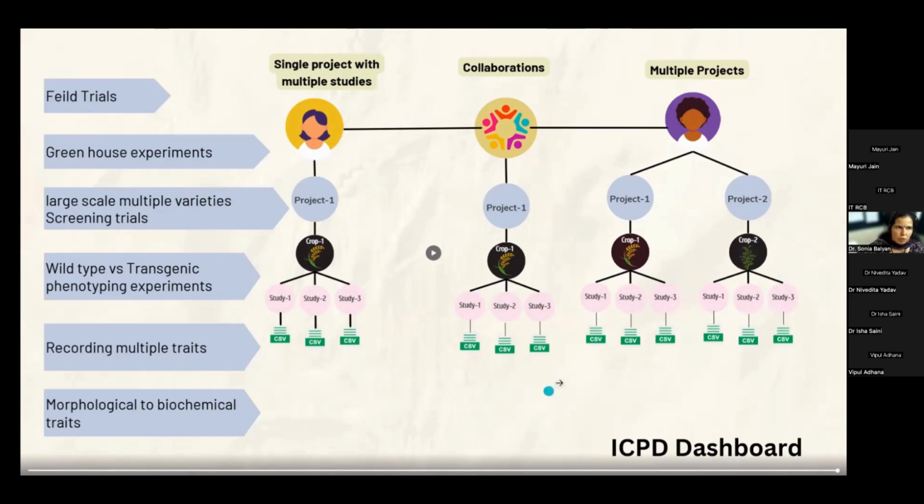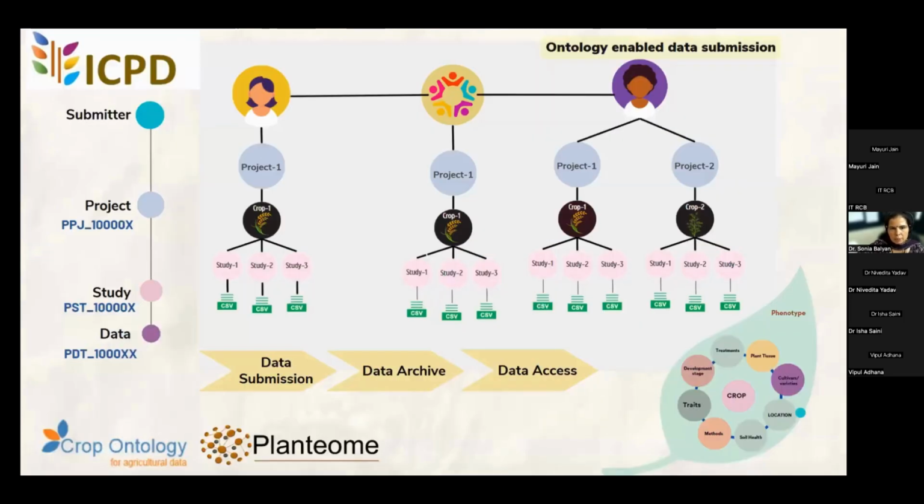So irrespective of whether your phenotyping is carried out in field or greenhouse, large scale versus small scale, wild type versus transgenic, and you have recorded multiple traits, morphological to physiological, any type of data can be submitted at ICPD.